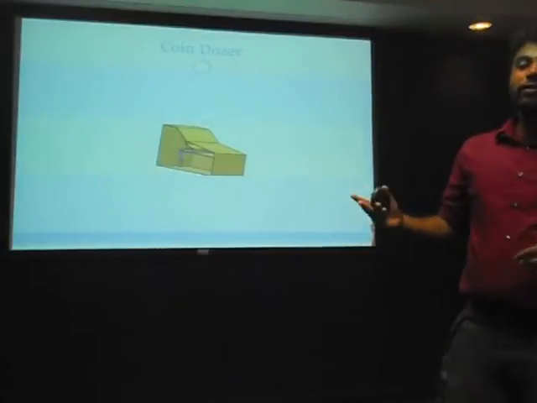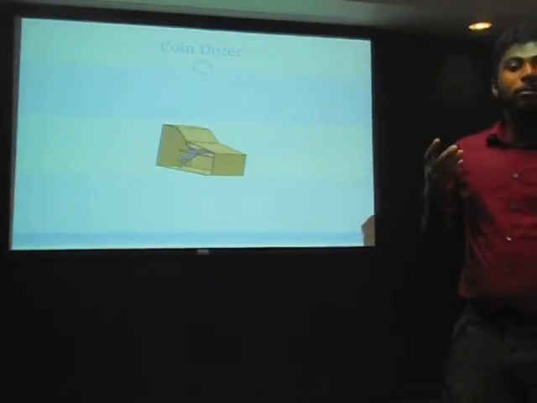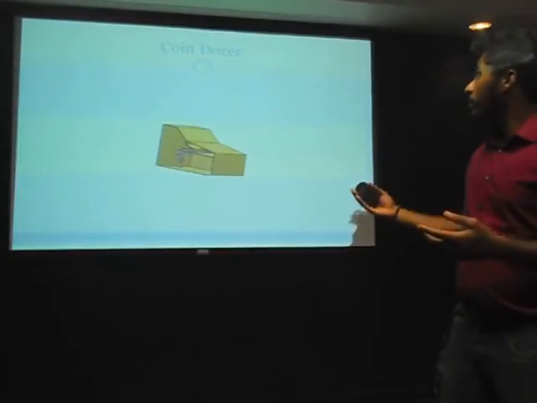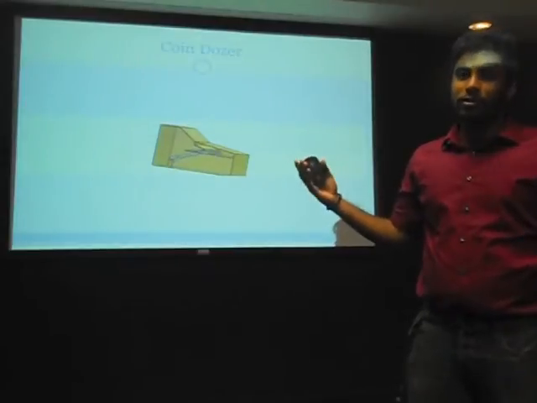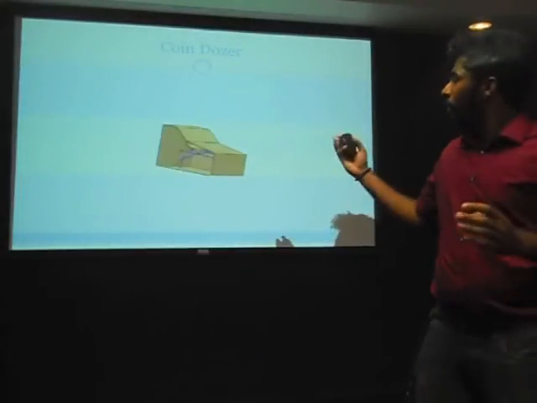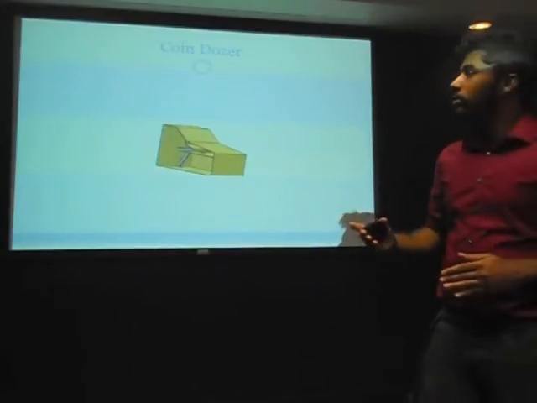Okay, so this is the first iteration of our coin dozer pinball machine hybrid. Because of our link length arm being a little oversized, 19 inches to be exact, we had to create this hybrid between the two machines.